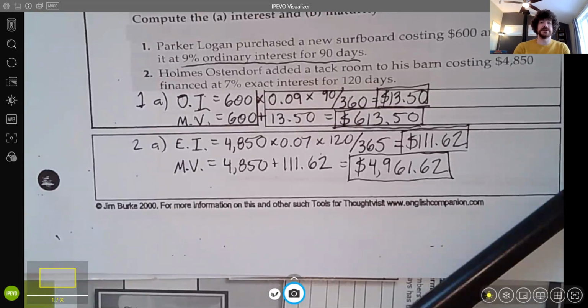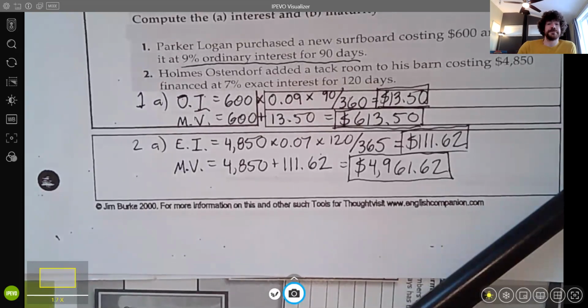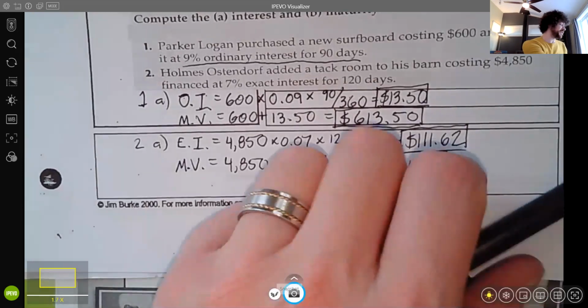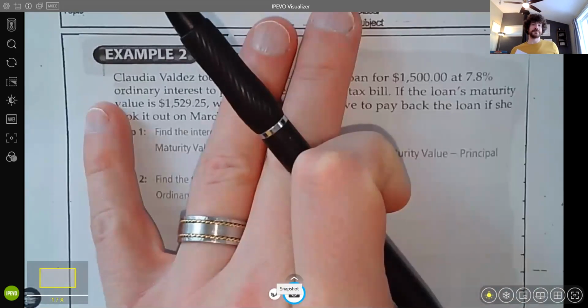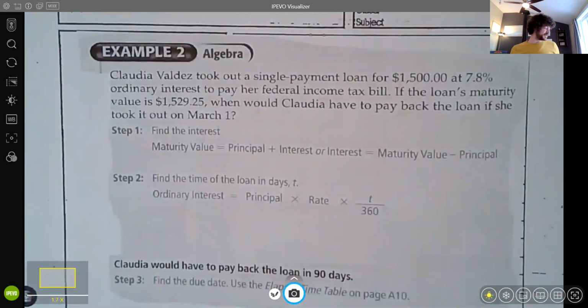No questions? All right. So let's go ahead and take a look at the last page. So the second type of example today is going to be an algebra question.